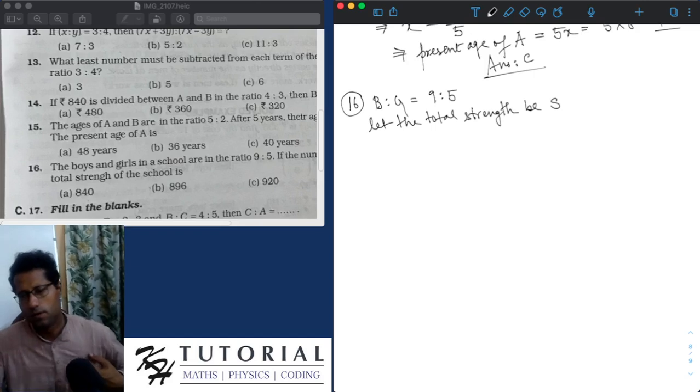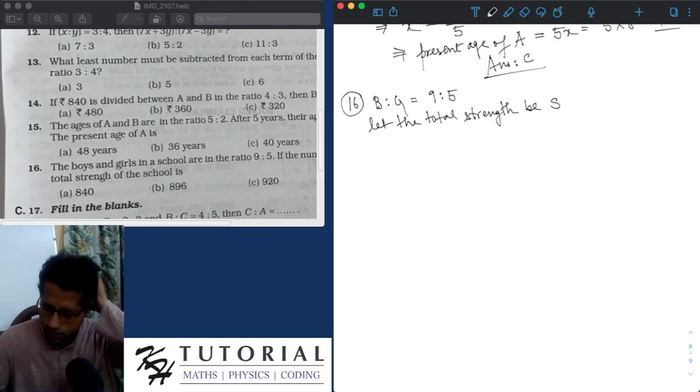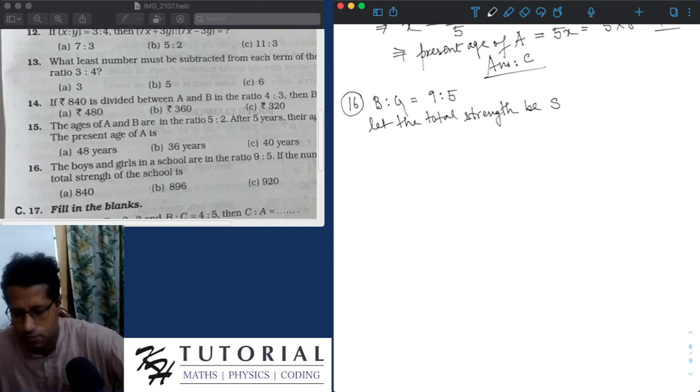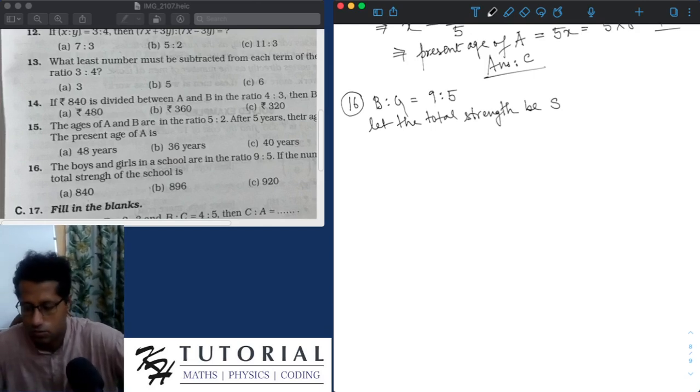From the formula we know that if a quantity A is divided into two parts with the ratio x is to y, then the first part becomes x by x plus y into the total quantity, and the second part becomes y by x plus y into the total quantity.